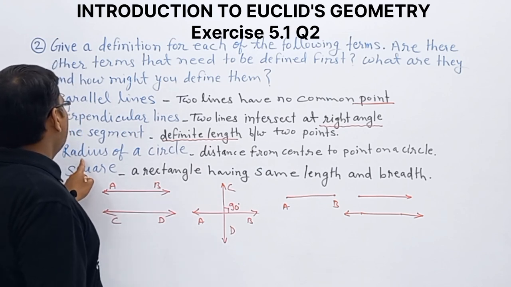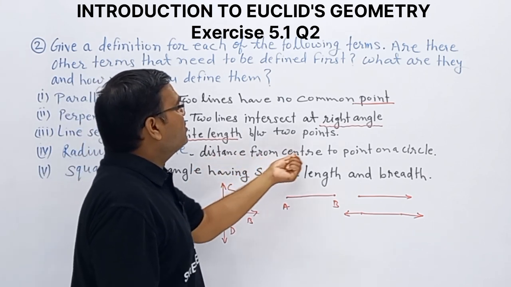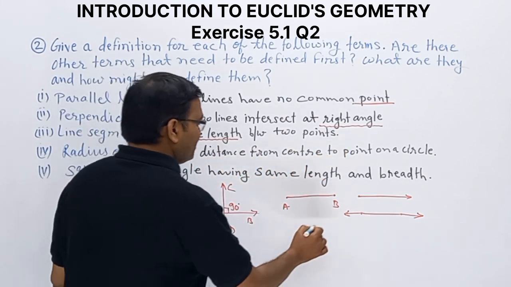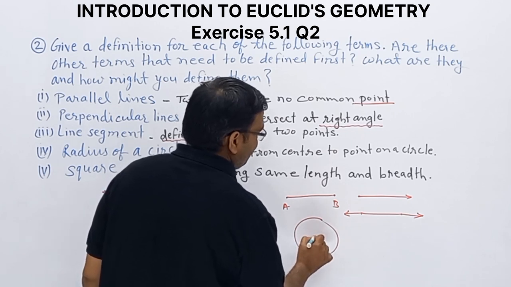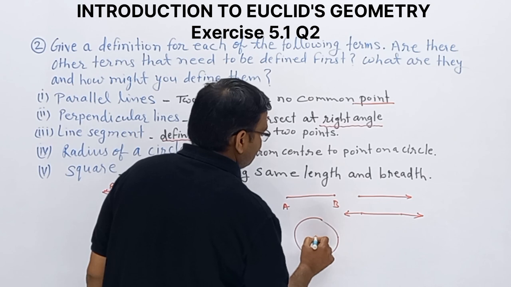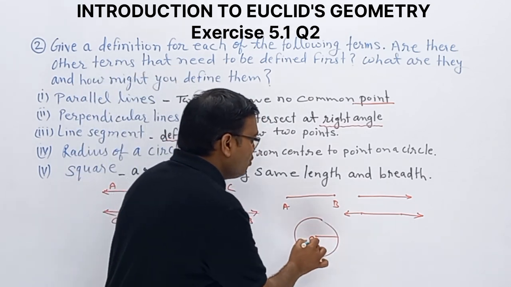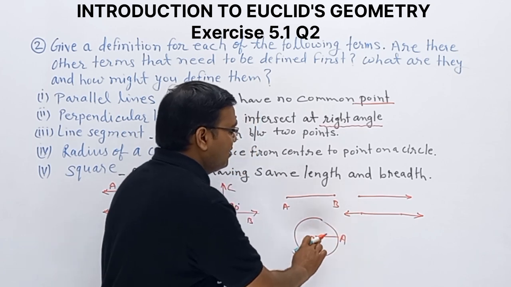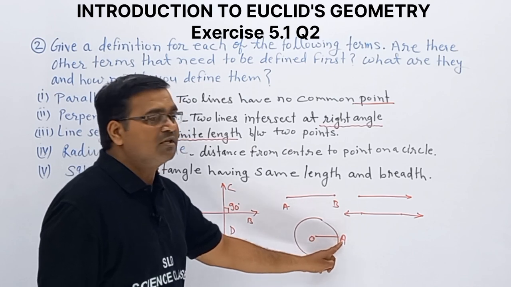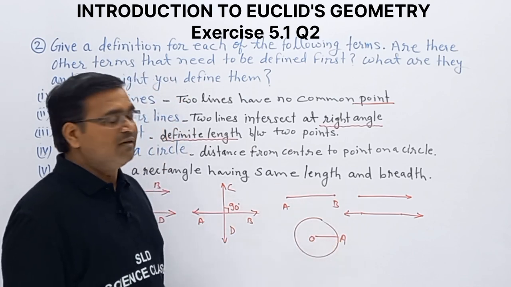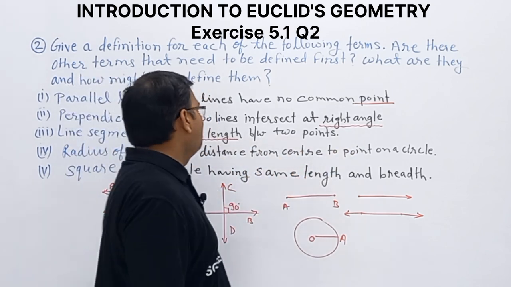Clear? Now next one is the radius of a circle. Radius of a circle is the distance from the center to a point on the circle. This is a circle having center O, and the distance from center O to a point on the circle or circumference is the radius.